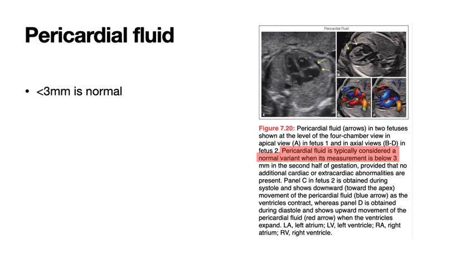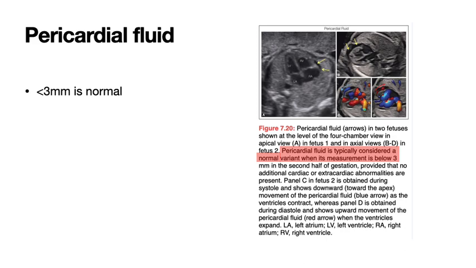Pericardial fluid. In the picture, the one on the left has two arrows, and it's pointing to this little sliver right at the atrioventricular junction. And that's actually a very common place to see fluid. Now remember, there is supposed to be fluid in the pericardial sac.